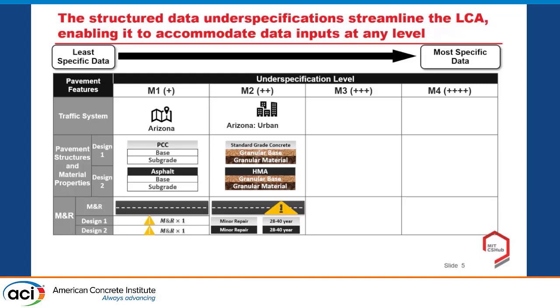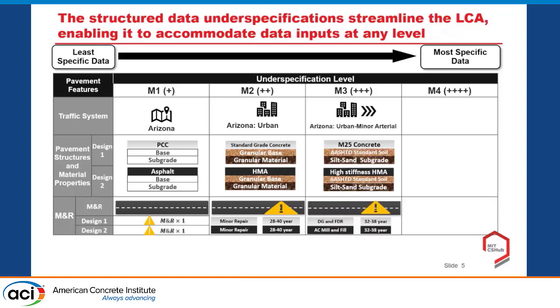For concrete, it could be diamond grinding or some other minor repair. For asphalt pavement, it could be AC mill and fill or other minor repair, but they do not know exactly when they want to do the M&R. For example, it could range from 28 years to 40 years. And for the M3 level, for the traffic, they may know they want to build an urban minor arterial road.